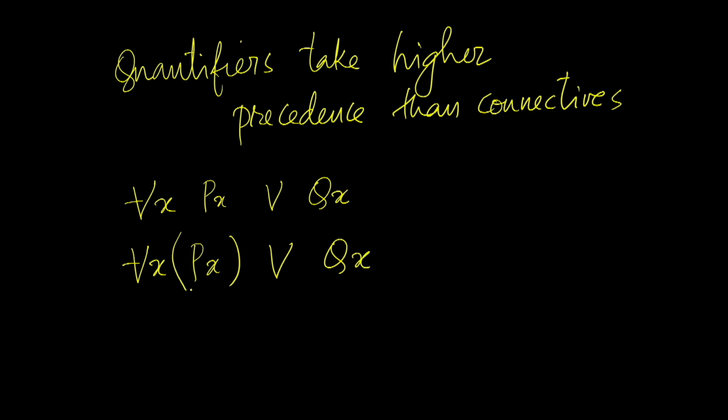That is, for all x applies only on P(x), not on Q(x). This is as opposed to for all x (P(x) or Q(x)). That is, the scope of a quantifier is the immediately adjacent predicate unless otherwise specified using parentheses.